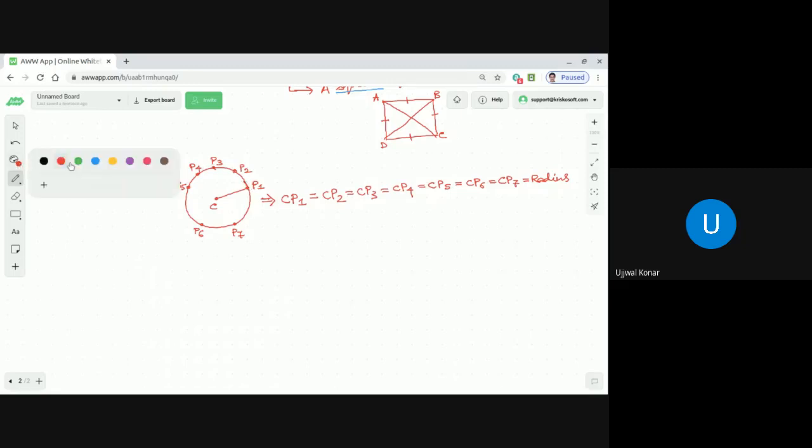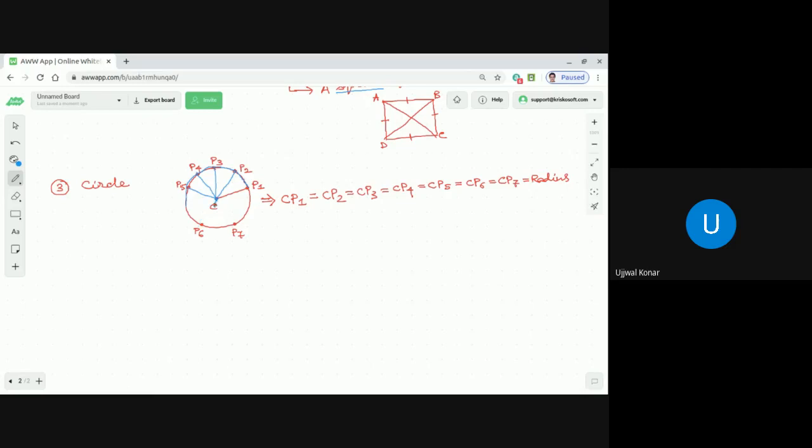On top of this red, if I draw it in blue, it is a curve traced out by a point such that it keeps a fixed distance from a fixed point. So this is a fixed distance. These all are fixed distances. Correct? And it is from a fixed point.